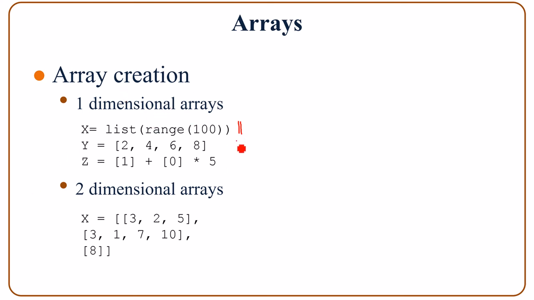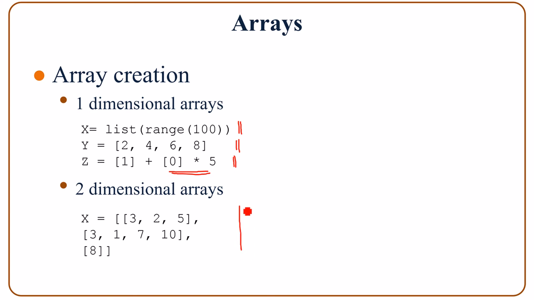Next, if you can specify exactly the values that you want in the array, you create it this way and assign the variable y to it. And next, if you want a number of repeated values, say you want 0 in there multiple times, you do this.